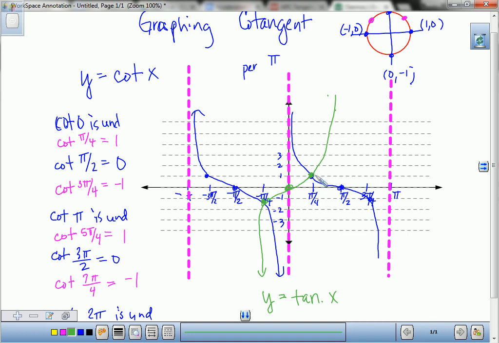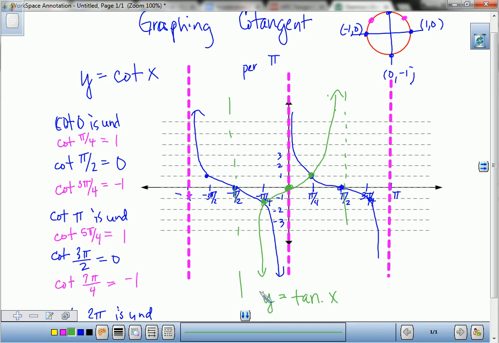What is the reciprocal of +1? It's itself, so they're sharing a point there. Now, the reciprocal of 0 is undefined, and that's why from tangent to cotangent we have that asymptote there. With tangent, we had an asymptote here, but when we think about its reciprocal, we get 0.